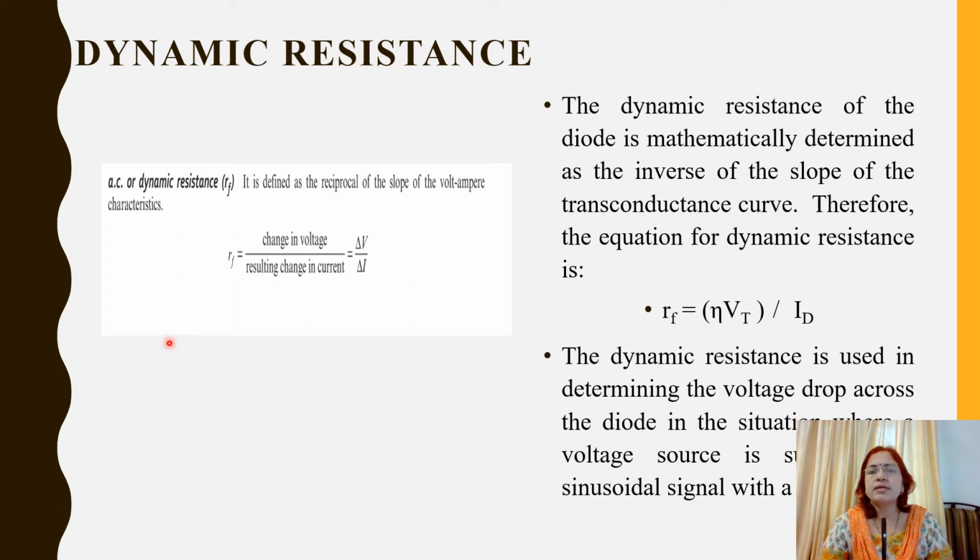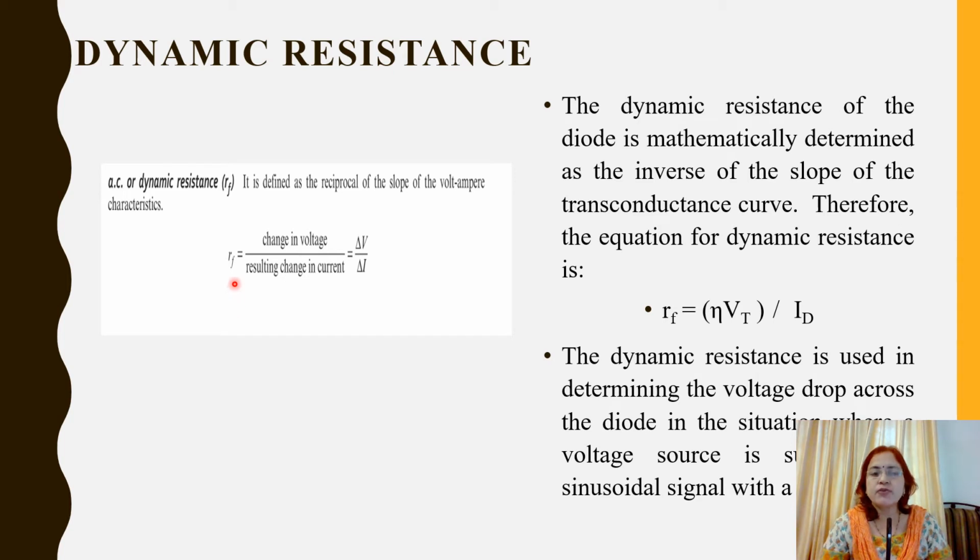Now, dynamic resistance. Dynamic or AC resistance is defined as the reciprocal of the slope of the volt ampere characteristics. We have seen the VI characteristic under forward bias condition. So, we have to take the reciprocal of the slope of the VI characteristic.